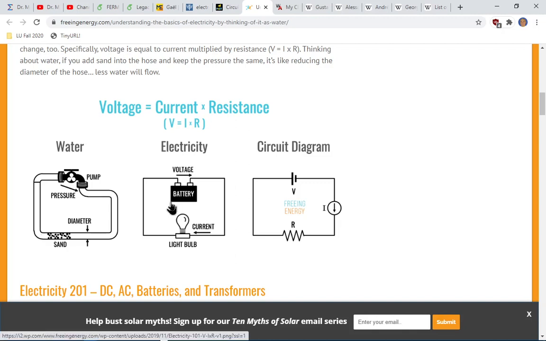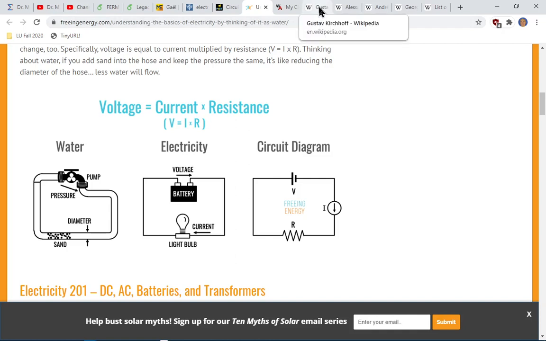That is a situation that's somewhat similar to what happens in our circuits. So sometimes you might benefit by thinking about the water flowing through some tubes as opposed to the current going through some wires.